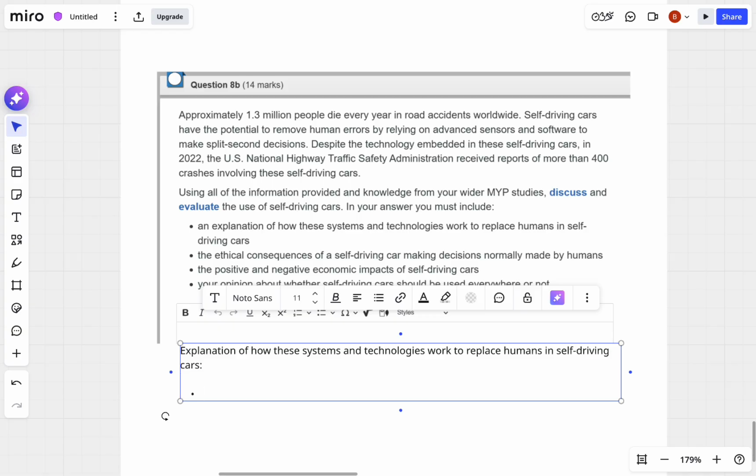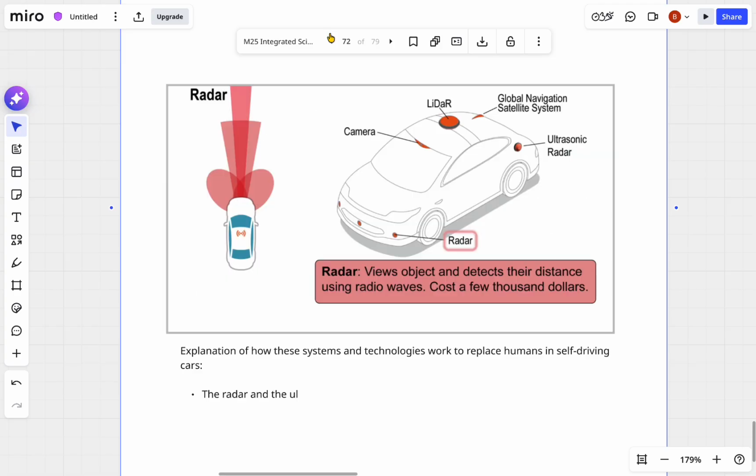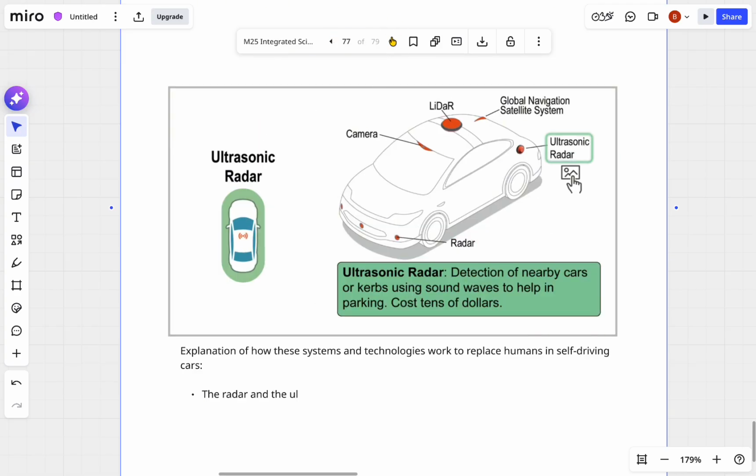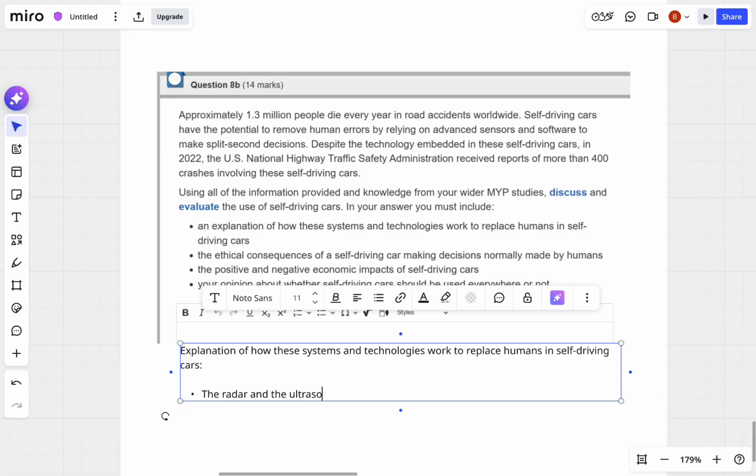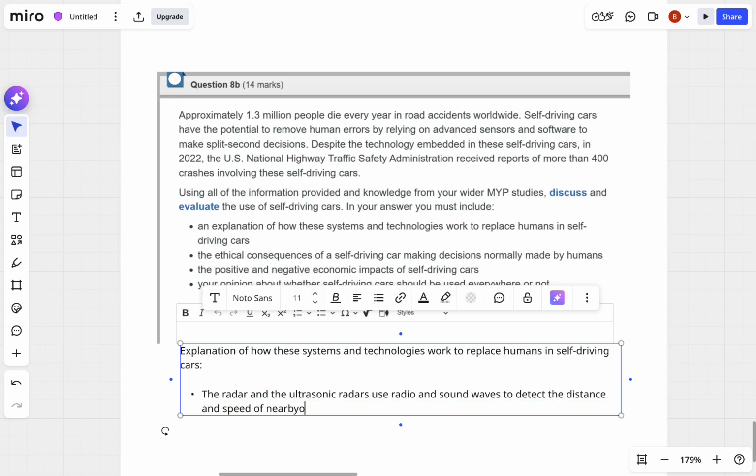First point is going to be about the radar sensors. The radar and the, I think it was ultrasonic. Let me go back and look at it. Yep. Ultrasonic radars use radio and sound waves to detect the distance and speed of nearby objects, allowing the car to avoid collisions and aiding in parking.